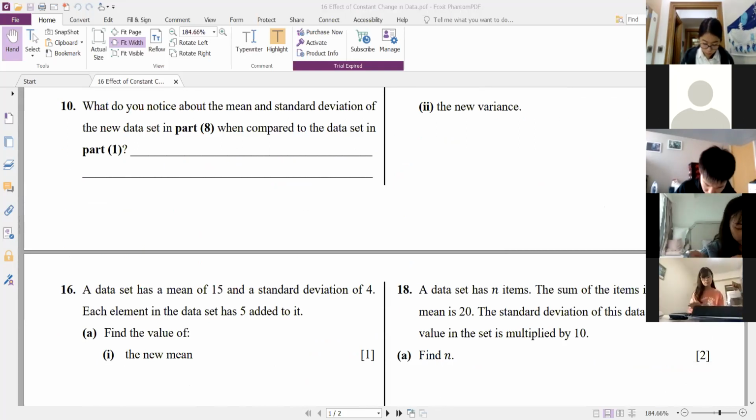Okay, Calista, yes. Good job. Calista, also learn to use the symbols. Mean as mu, standard deviation as sigma, variance as sigma squared, something like that.